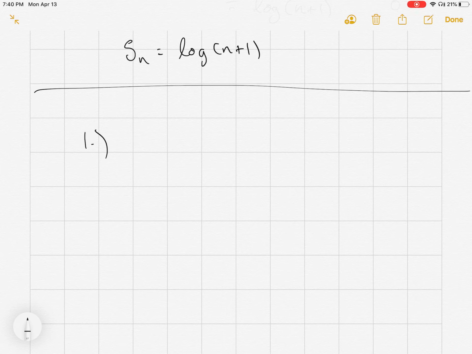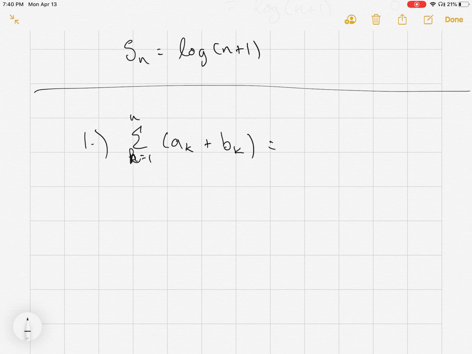So the first rule is going to be if we have the summation from k equals 1 to n, and we're taking it of a sub k plus b sub k, right? So we have two different sequences here, a sequence of a terms and a sequence of b terms, and we're taking the partial sums up to n of the addition of those.